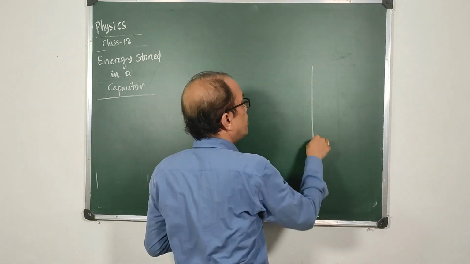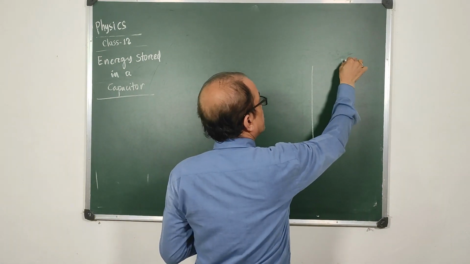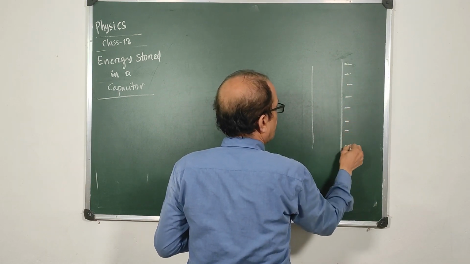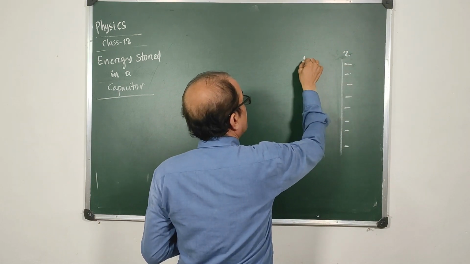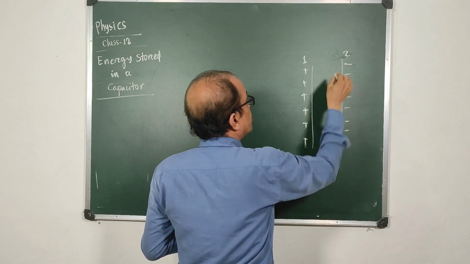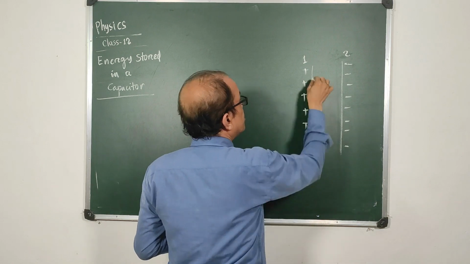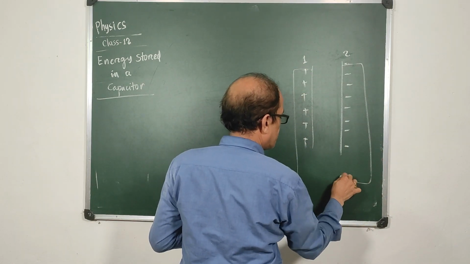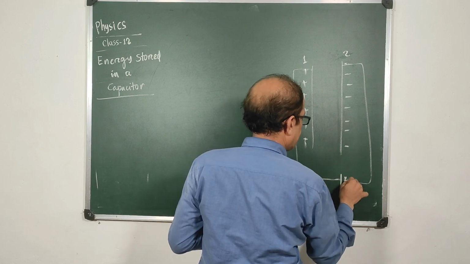If we are having two plates, plate number 2 negatively charged, plate number 1 positively charged. Suppose we are charging it, meaning we have connected it to a source of EMF.